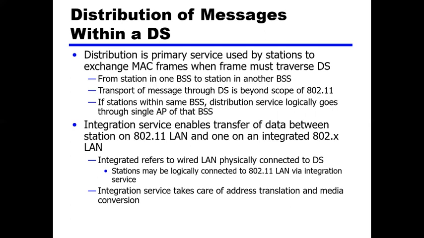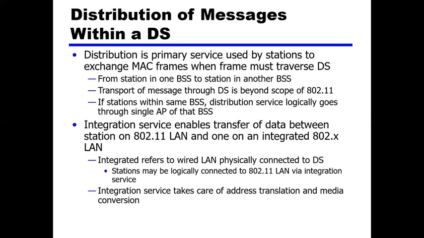If the station is within the same BSS, the distribution service logically goes through the single access point of the BSS. Integration service enables the transfer of data between the stations and an integrated 802.x LAN.